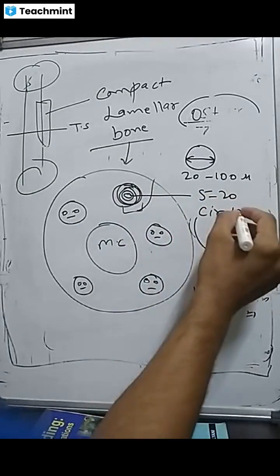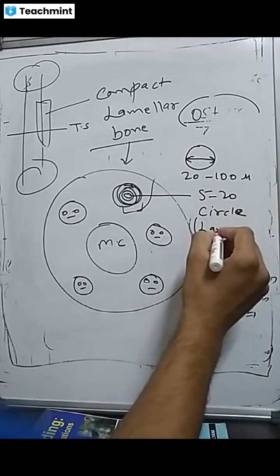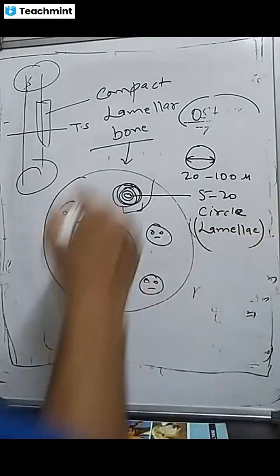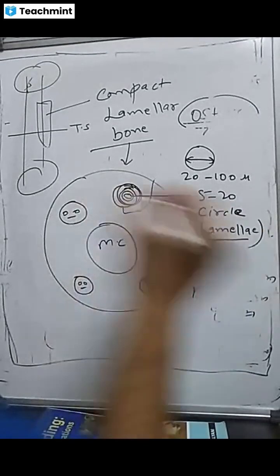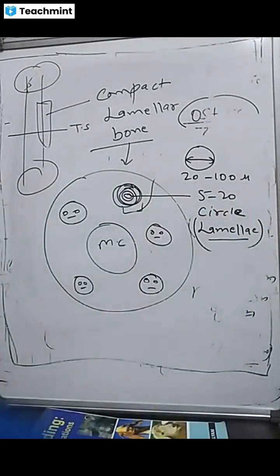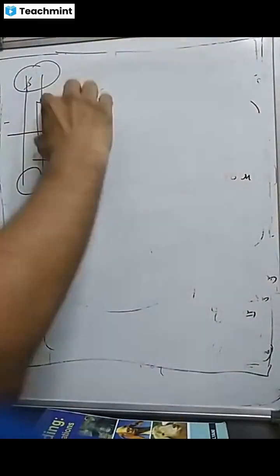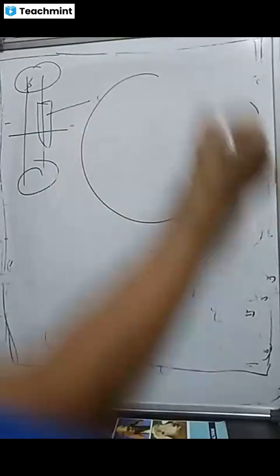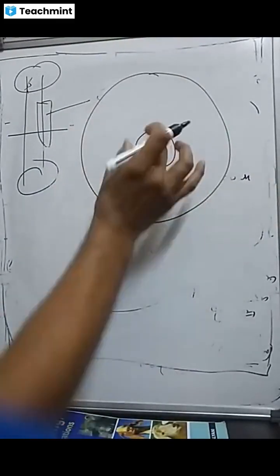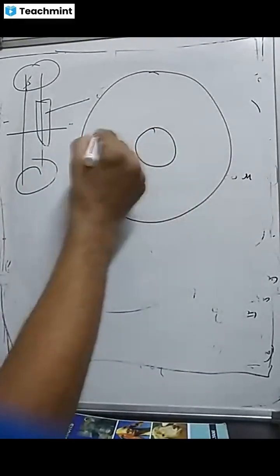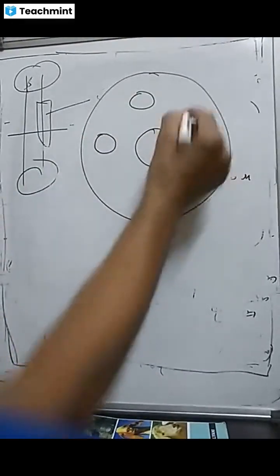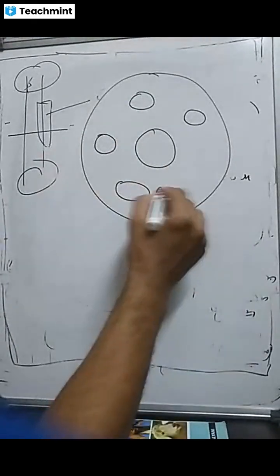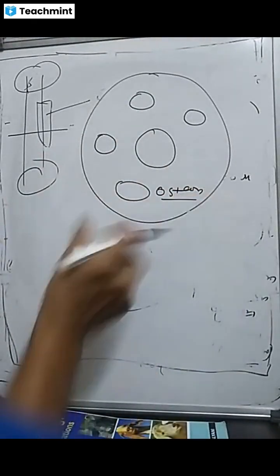These concentric circles, in osteology language, are called lamellae. So we are studying compact bone, and in the compact lamellar bone, this is the bone transverse section having marrow cavity, and these are the osteons.